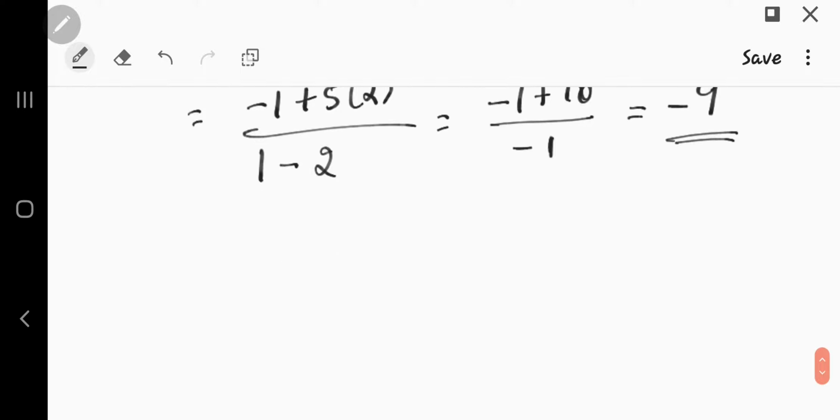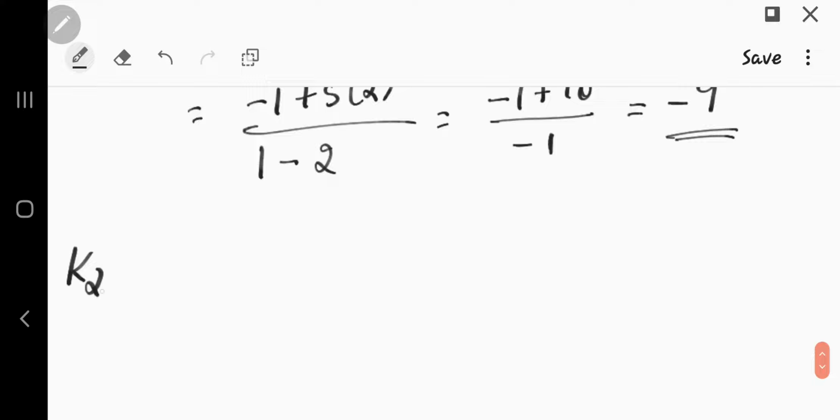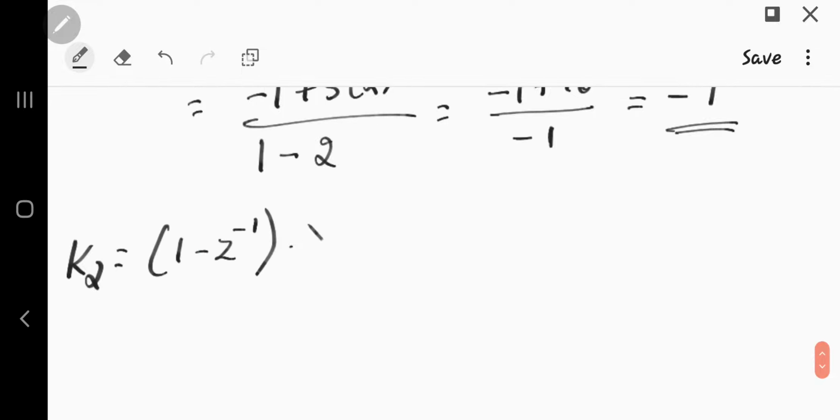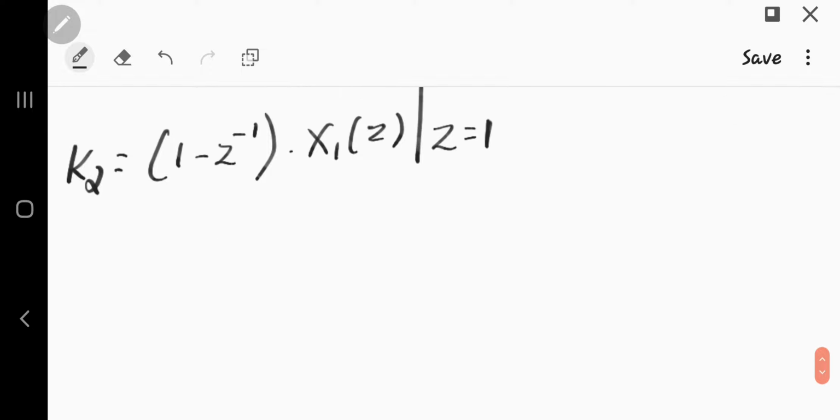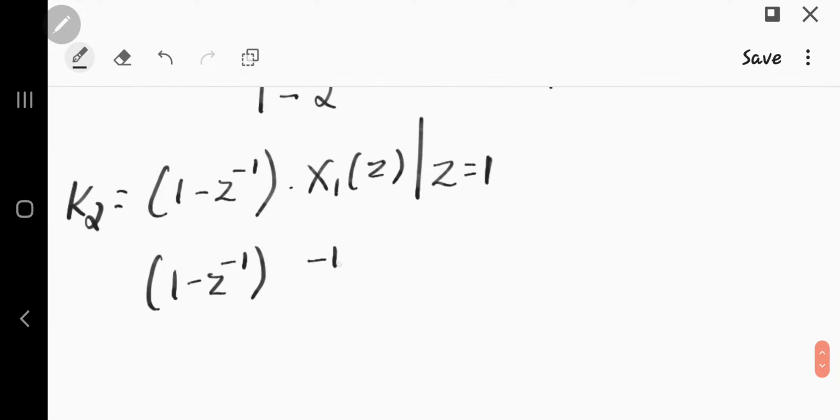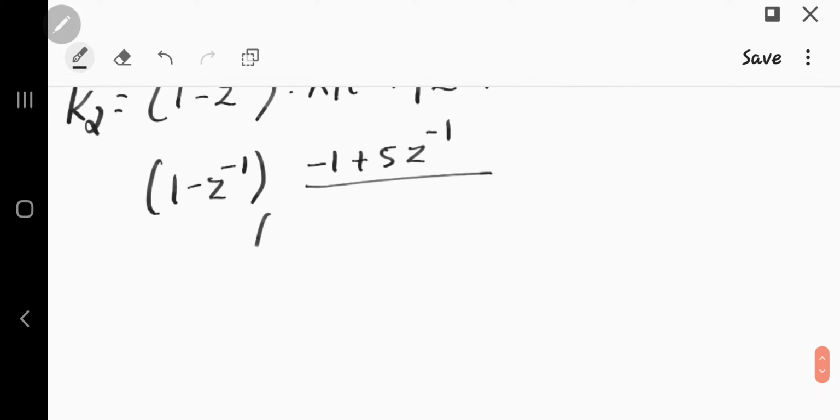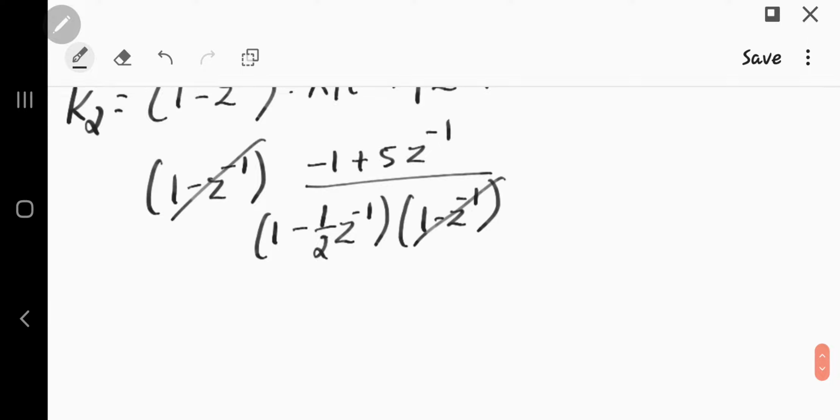So this is k1. The same way for k2, we have 1 minus z inverse into X1 of z, where z takes the value 1. So 1 minus z inverse into minus 1 plus 5z inverse divided by 1 minus 1 by 2 z inverse into 1 minus z inverse. These two get cancelled. Here z takes the value 1.